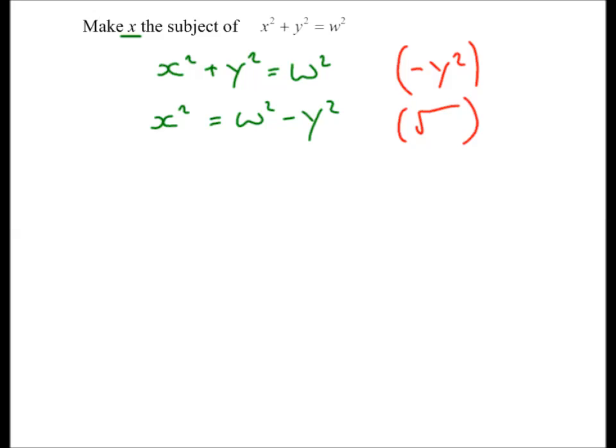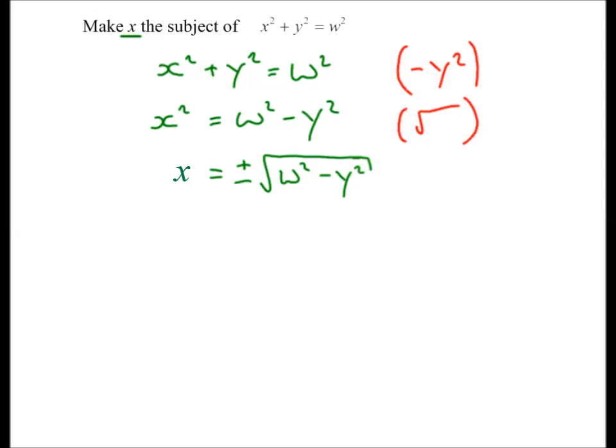This is something which really confuses A-level students. If I'm square rooting something, I know that there's a positive version of it or a negative version of it. So I'm going to put in plus or minus in front of my square root to show that there's a positive and a negative square root. Just the square root on its own, I would assume to be positive, so I need that in there. And we're going to write w squared minus y squared.